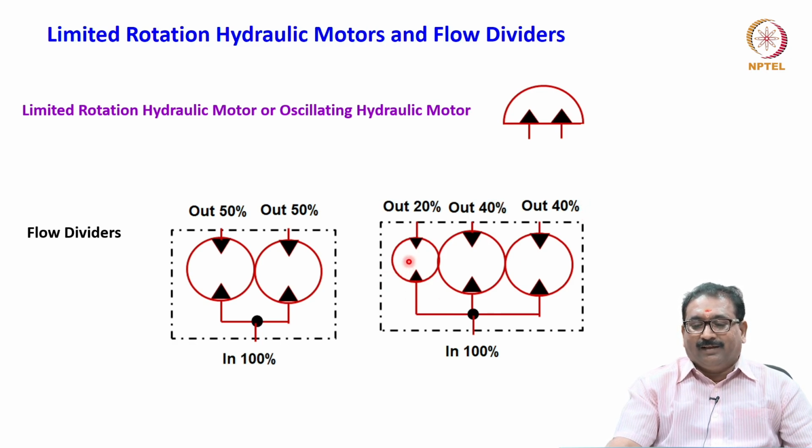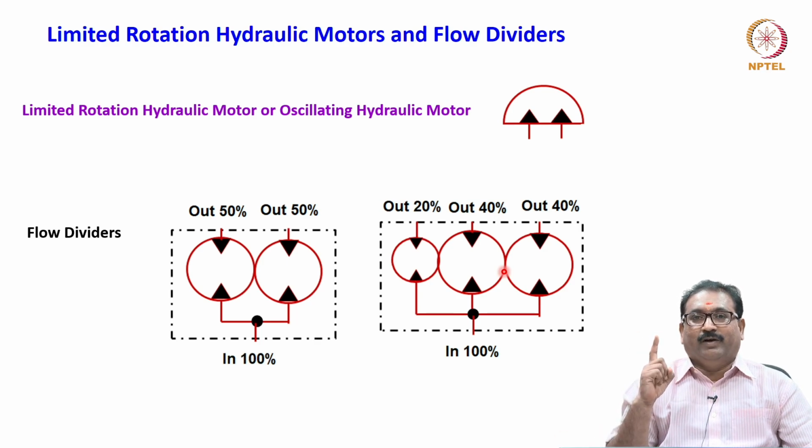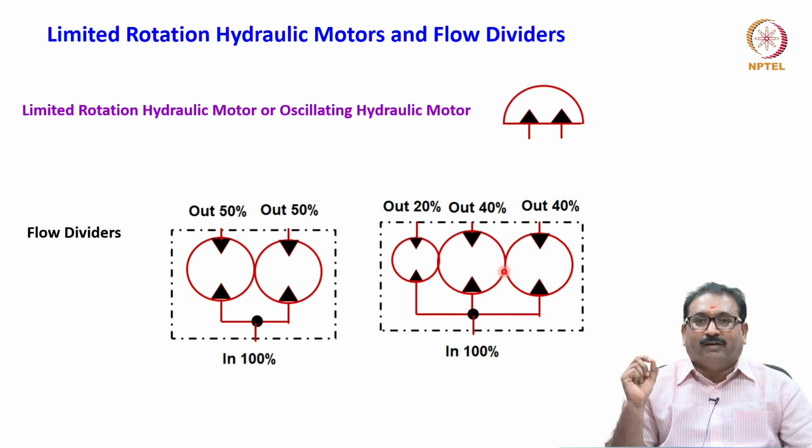Then you will see the size of the circle and the filled arrows. This is the way flow dividers are represented. The dotted line represents everything as one unit. These are the flow dividers.